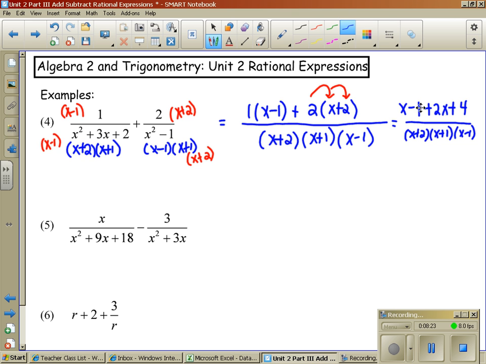Simplify the numerator. 2x and x, 3x. Negative 1 and 4. Denominator the same.